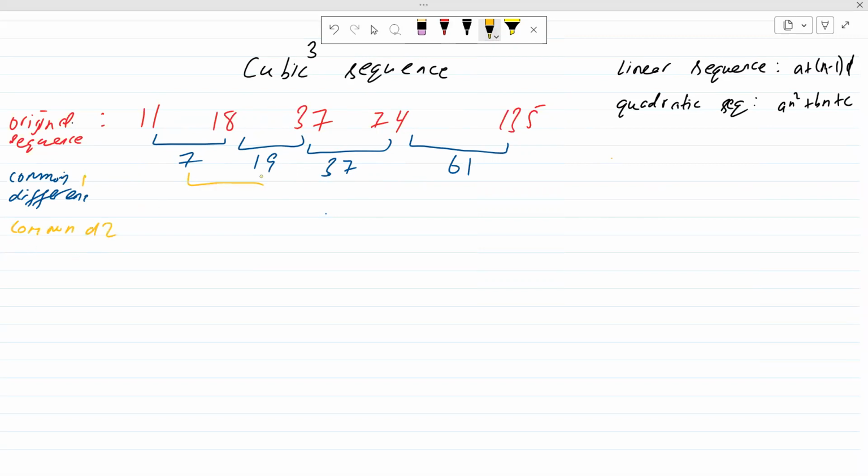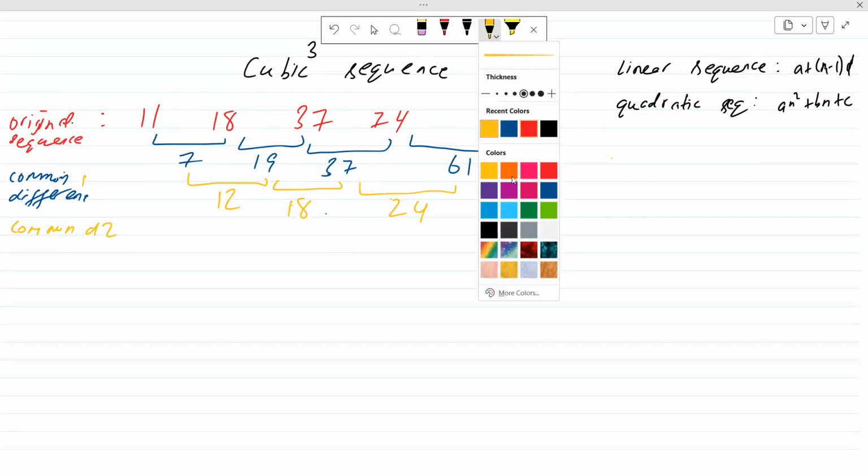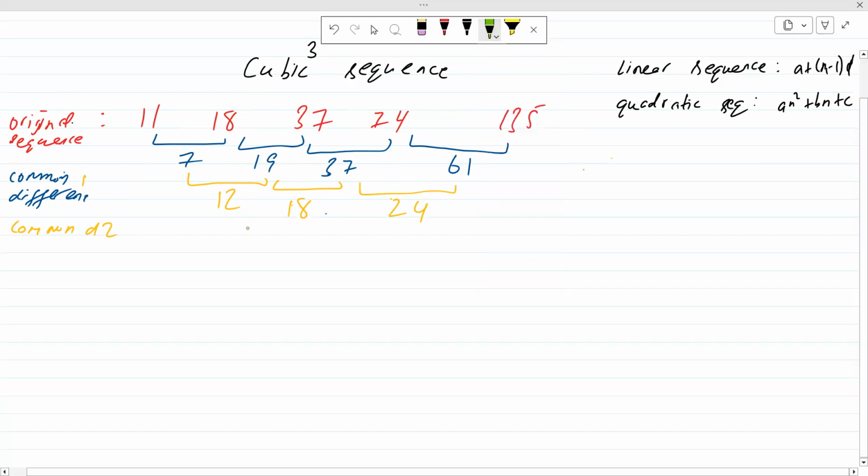What's the difference of this difference? 12, 18, 24. You can see still the second difference is not same. How about one last attempt? What about third difference?